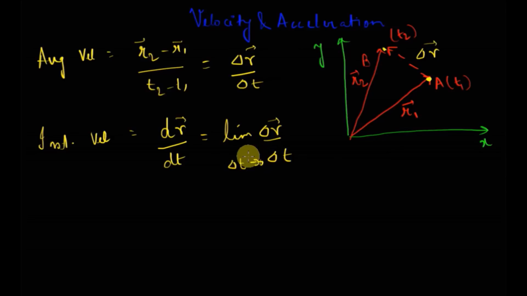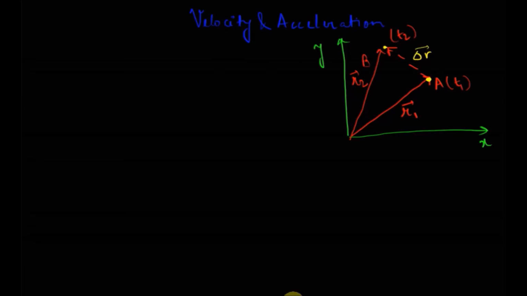So instantaneous velocity is essentially the rate of change of displacement with respect to time. So velocity is defined as dr by dt. Acceleration is defined as rate of change of velocity with respect to time.